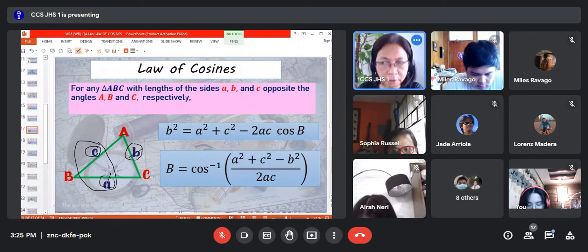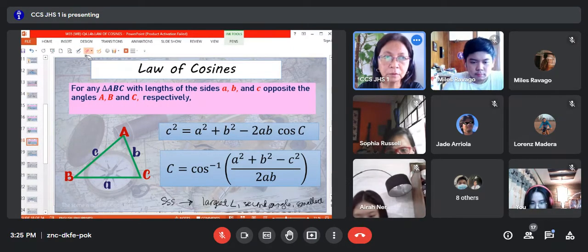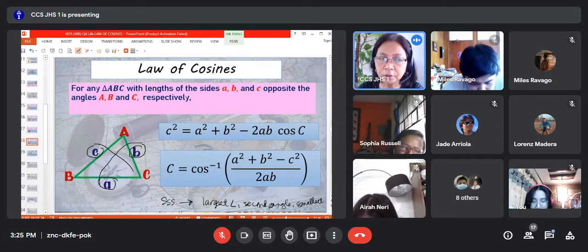Did you get the pattern? And lastly, for angle C, you have the inverse cosine of A squared plus B squared minus C squared, all over 2AB. Okay, is it difficult to memorize?